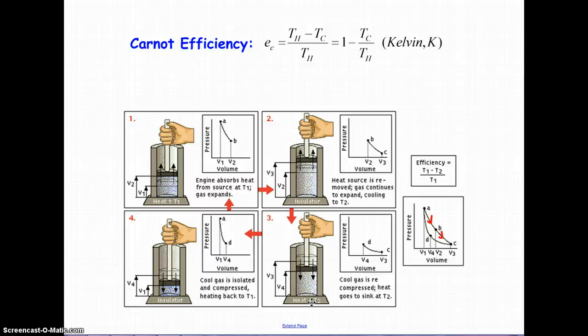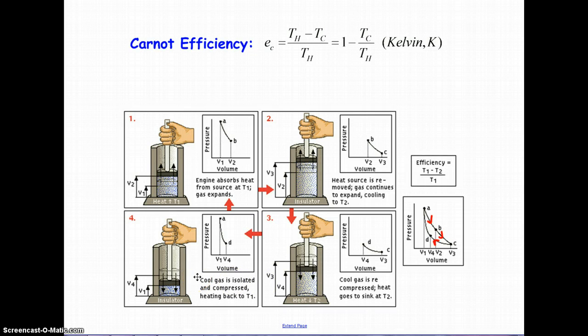This is typically done by the valve in your piston in your car opening and allowing that heat to escape. And that's where it becomes expelled to the environment. So from process CD, we would have an arrow showing that it goes away from C toward D, from volume V3 to volume V4.